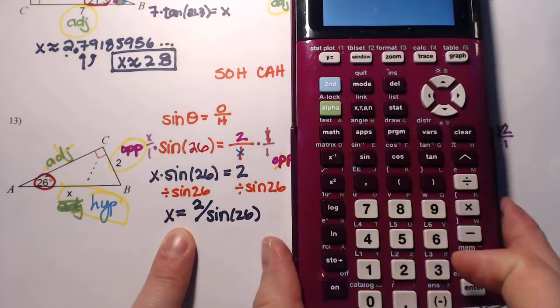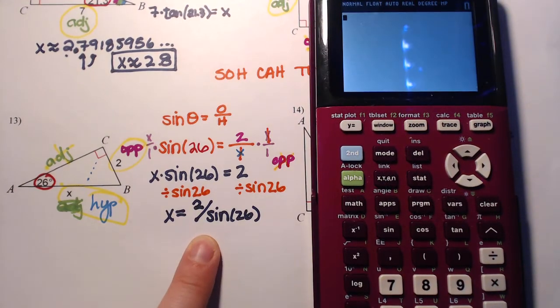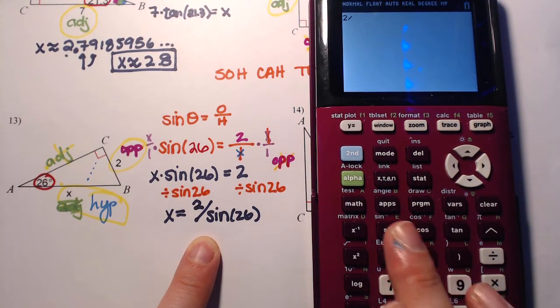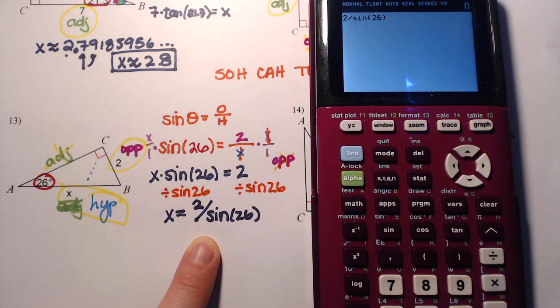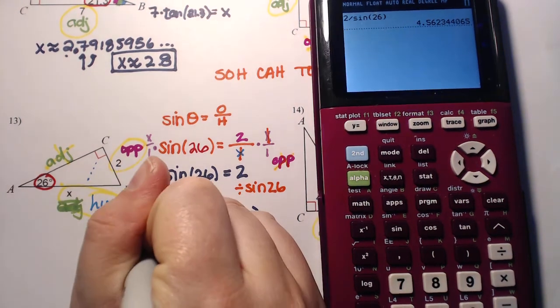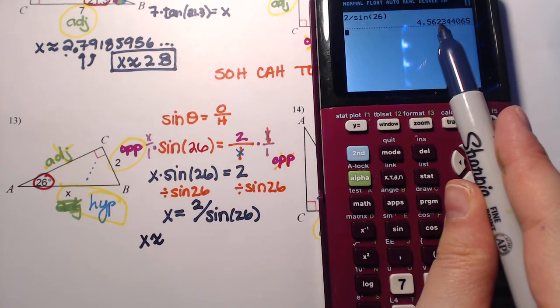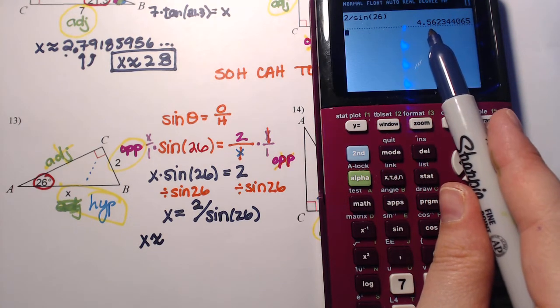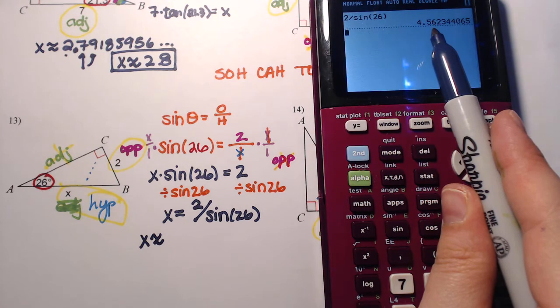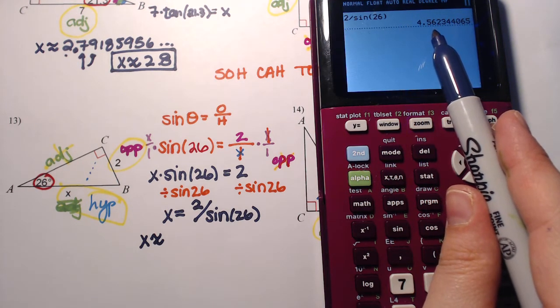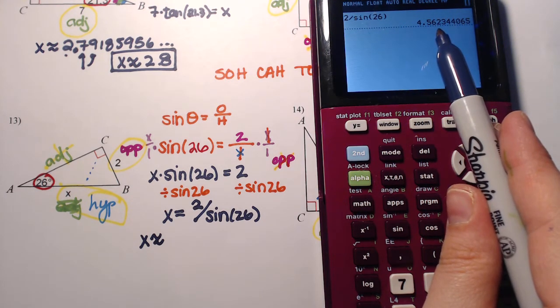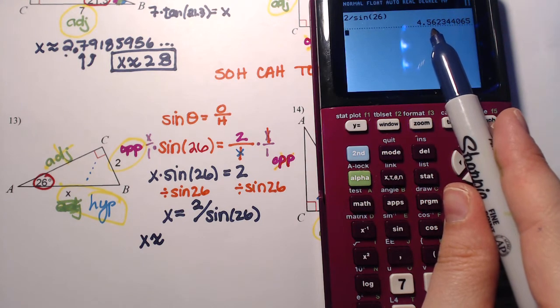So for this first one, we're going to do 2 divided by sine of 26. So I have a 4.56. 5 is the tenths place. 6 is where I look to round. So because 6 is bigger than 5, this rounds up.